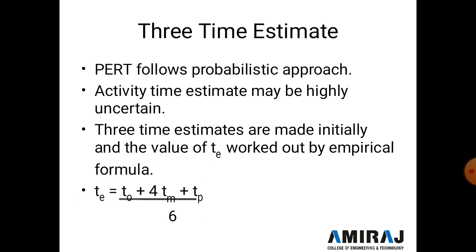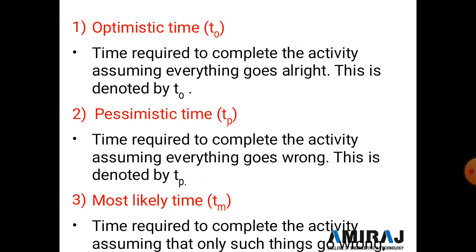By using this formula we get the estimated time: TE is equal to TO plus 4TM plus TP divided by 6. So it's the formula for the three time estimate.